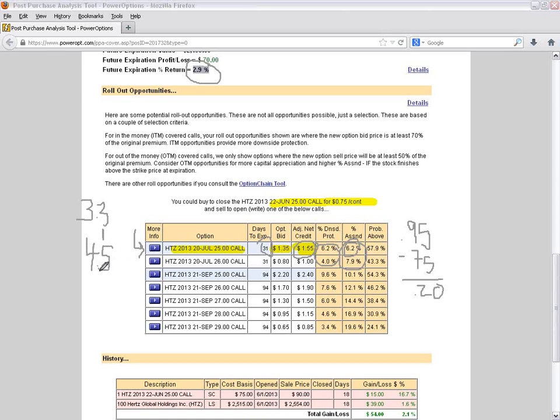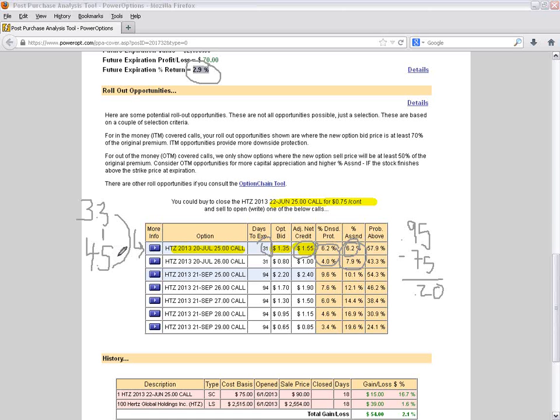If my goal in a covered call or naked put portfolio is to make at least 2 or 2.5% every 30 days, by rolling at this point, just going from 3.3% to 4.5%, I'm not matching my goals.